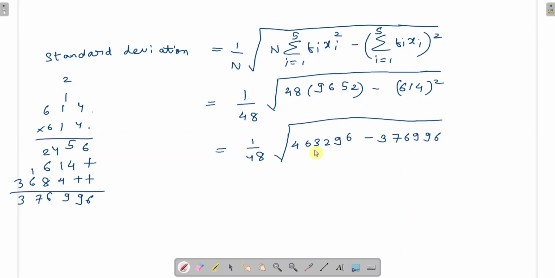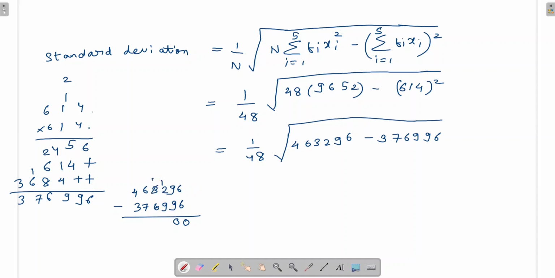Let us subtract this from this. So 4, 6, 3, 2, 9, 6 minus 3, 7, 6, 9, 9, 6. Okay. So 0, 0, then 1 borrowed, right? And yeah, 1 borrowed.